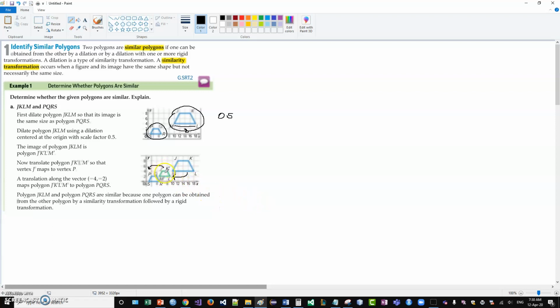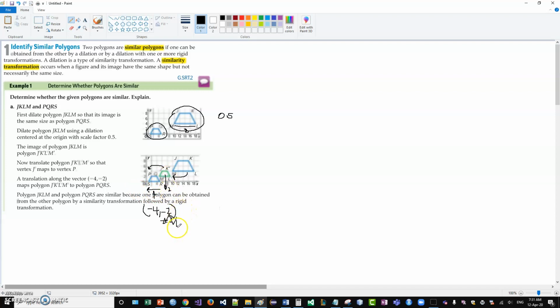So if you look at this, we're moving down 2 units and left 4 units. So that's our rigid transformation. We start with x, -4, and then -2. -4 because we're moving the x 4 units to the left, and then -2, you're moving the y 2 units down.